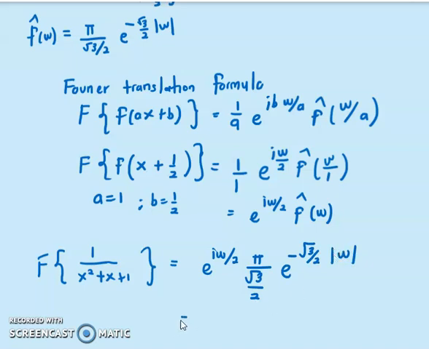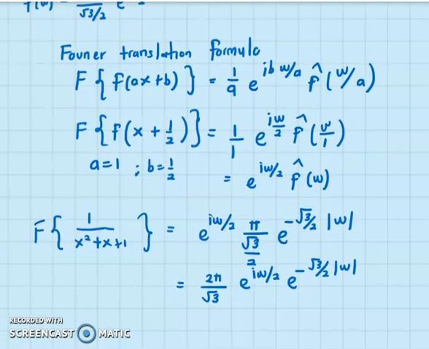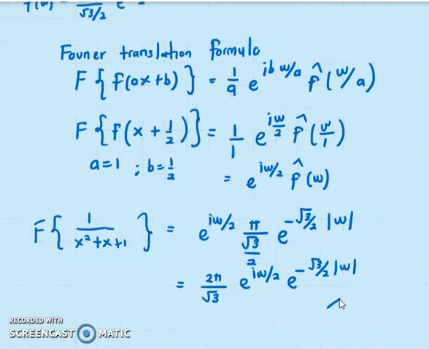Simplifying this will give me 2 pi over square root 3, e to the i omega over 2, e to the negative square root 3 over 2 omega. There you go. This is how you solve the given question.